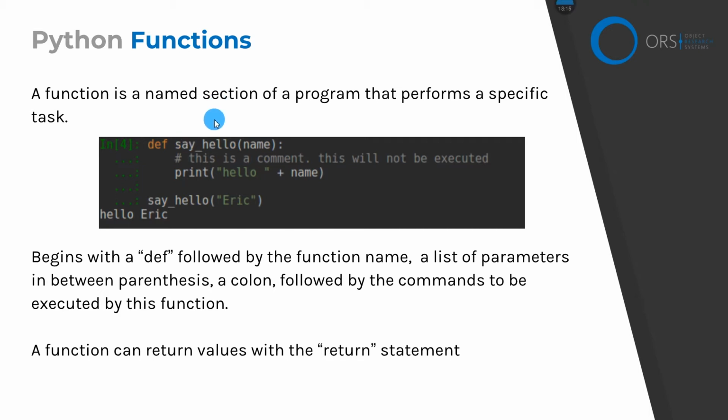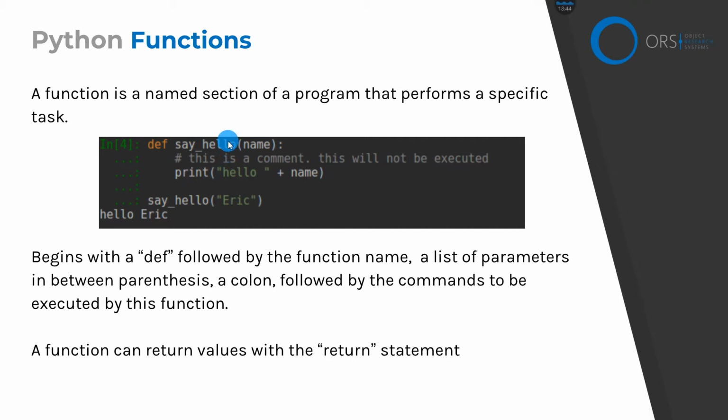Okay, so in Python, when you program, you can write something called a function. And functions are basically code that will be executed when you need to repeat the same process many times.